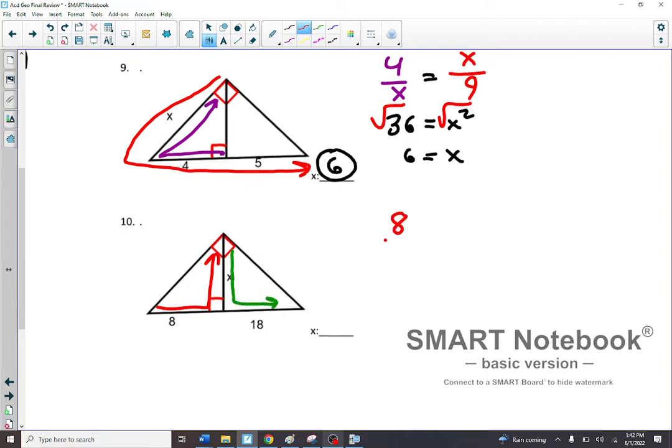So it's going to be 8 over x, and then x over 18. So 144 equals x squared. I'm doing work. Square root both sides. Now, very important.